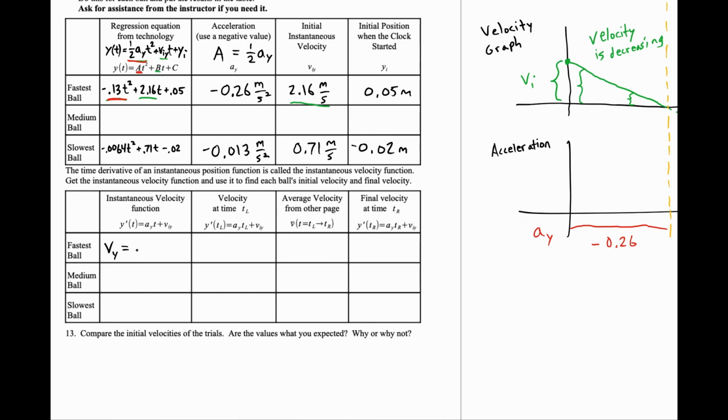Vy is, for me, negative 0.26 t plus 2.16. What I'm doing is I'm basically taking the derivative of this. So if you take the derivative of that, you get this. And here the values have meaning as well. The 0.26 is of course the acceleration, but the 2.16 is the initial. So that's something you want to put right here.